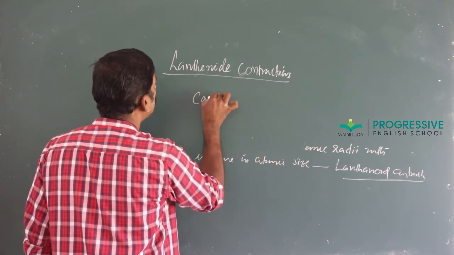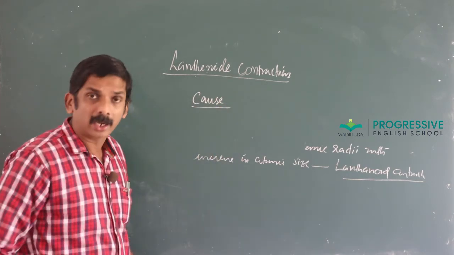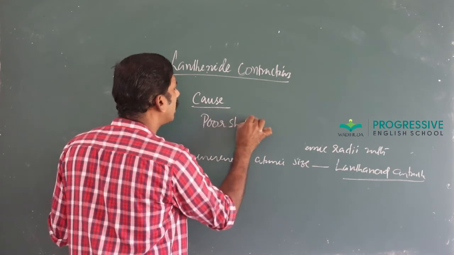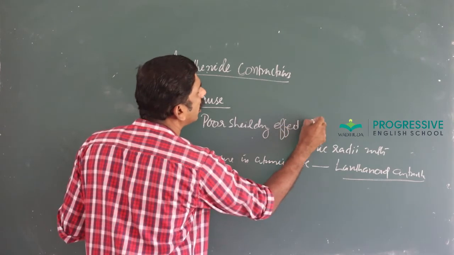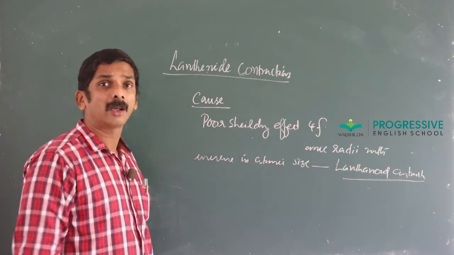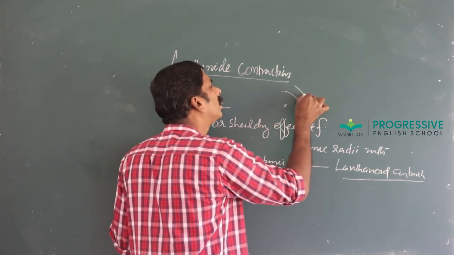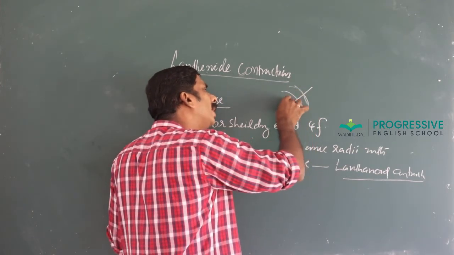The lanthanide contraction is due to the poor shielding or screening effect of the 4f electron.